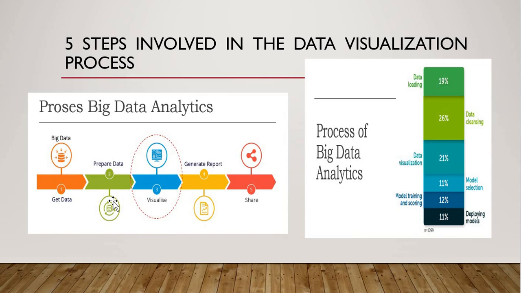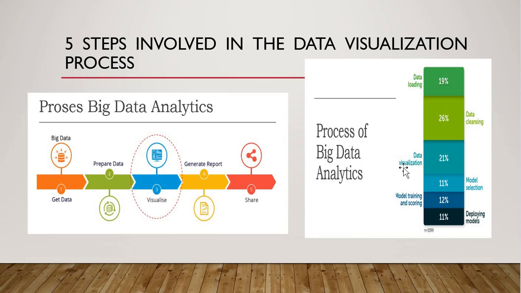Tapi you nak data yang you dapat tu for the whole Malaysia. Tapi you just nak fokus pada a few states only. So you can remove the rest. Okay, then after you prepare the data, you visualize the data in the form of graph. And then after that, you generate report and then you share your findings.